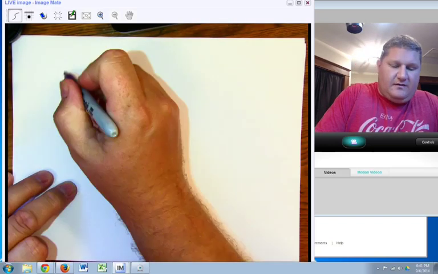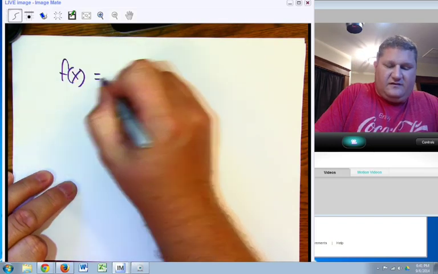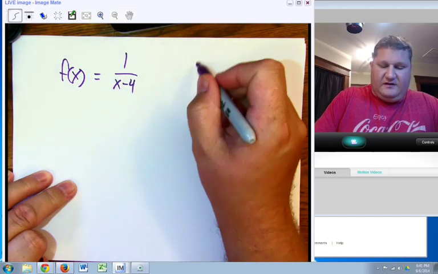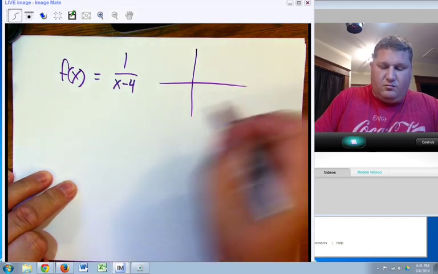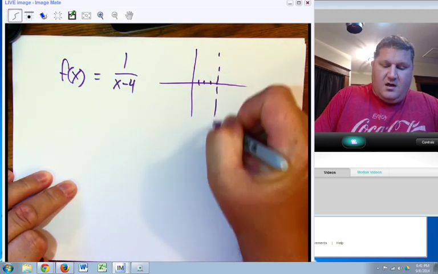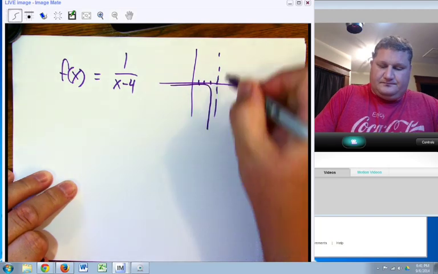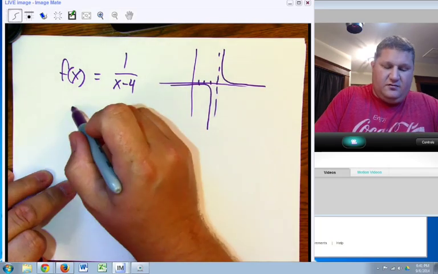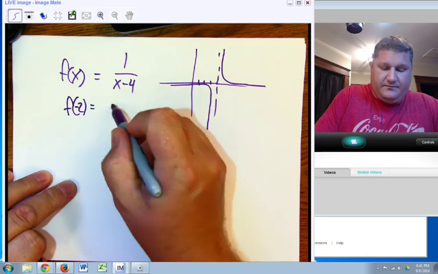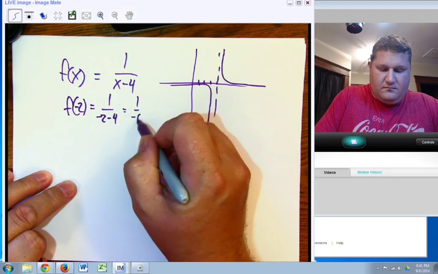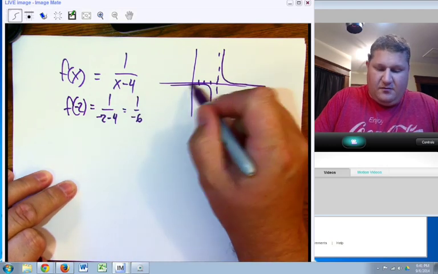when we have something like this, f of x equals 1 over x minus 4. In this case, when we attempt to graph this, 1, 2, 3, 4, we end up with this graph here. I could put in negative 2 to my heart's content. No big deal.